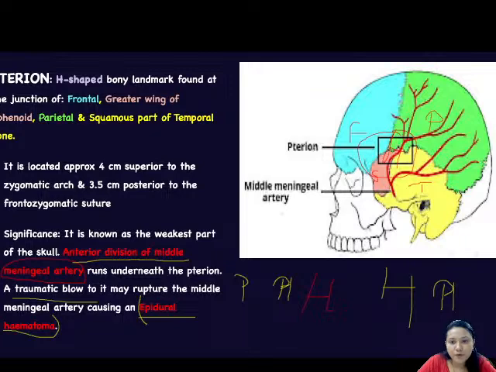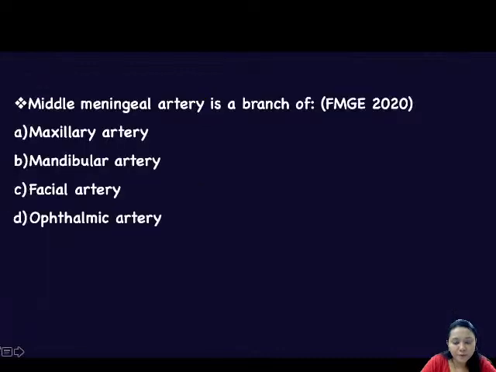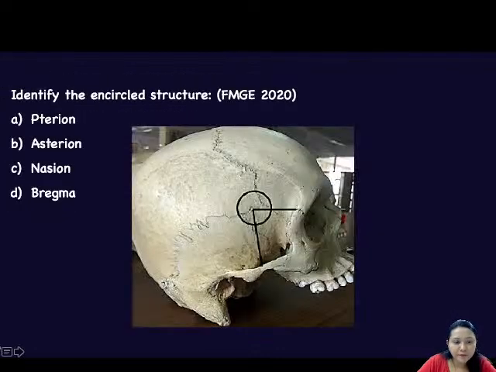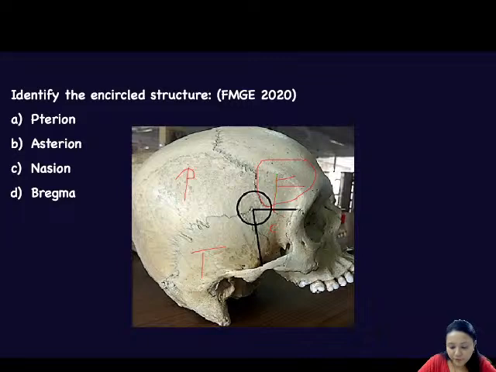And what are the bones? You have the frontal bone, the parietal, the greater wing of sphenoid, and the temporal bone. So if you want to attempt this answer, as you can see in this image, this is the frontal bone, ये है parietal, and then this is the squamous part of the temporal, and this is the greater wing of sphenoid. तो ये क्या होगा?